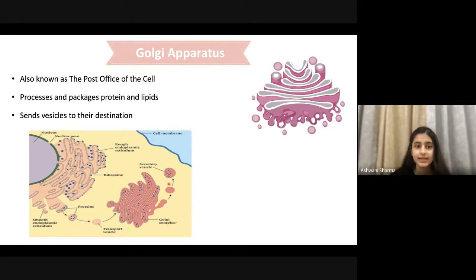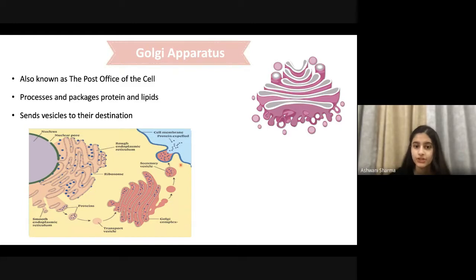This vesicle is then sent to its specific destination from the Golgi, wherever it's needed. So let's say the proteins inside the vesicle were to be sent outside the cell, then the vesicle would merge with the cell membrane and the proteins would be expelled, as you can see in this GIF over here.